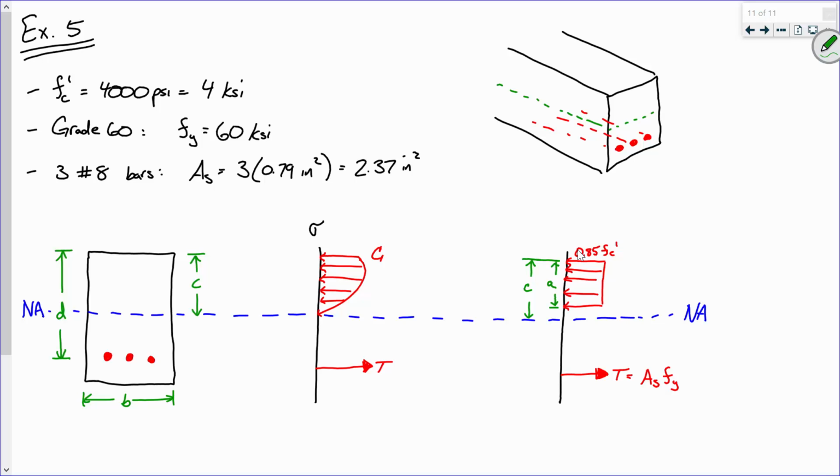Sound good? Now another point, just so we're clear on dimensions, help me out. How far is it from the top of the beam to the steel? 23 inches, or symbolically, it's D. Sound good? Are my D's and my A's looking separate enough?